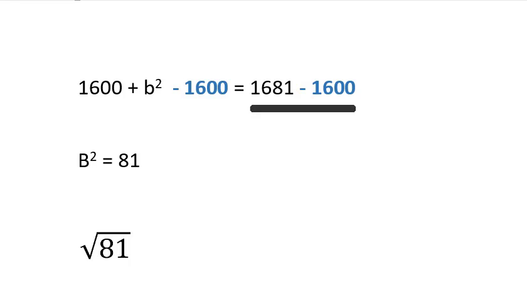So now we have b squared equals 81. And we need to get the square root value of 81. Well, 9 times 9 equals 81, so that will give you the square root value.